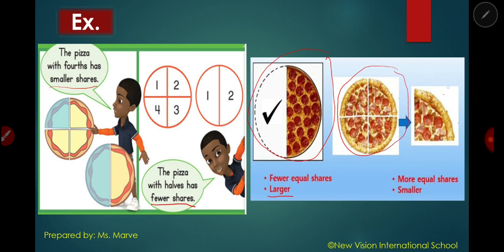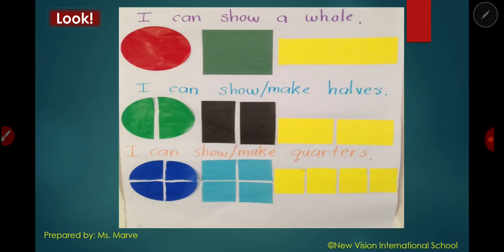Can you see? You can compare this and this. So this one is smaller. This one is bigger. Again, what you are going to remember is that the smaller the pieces, the greater the shares will be. And the larger the pieces, the fewer the number of shares.